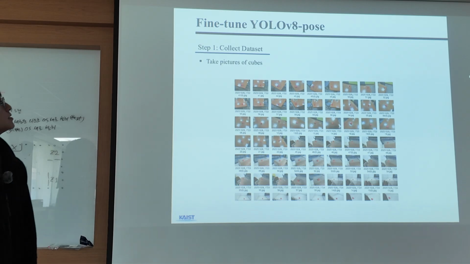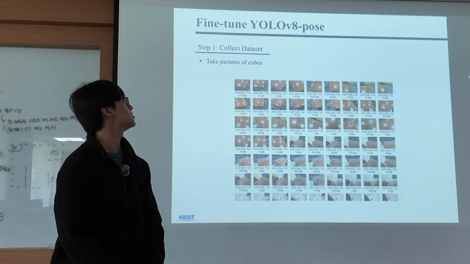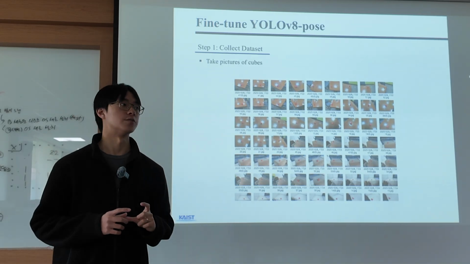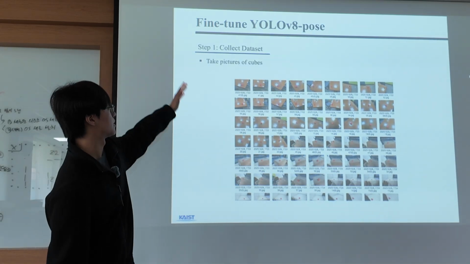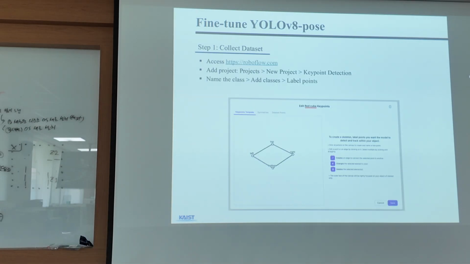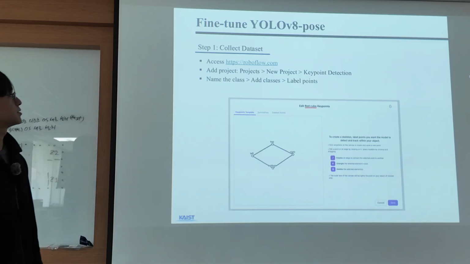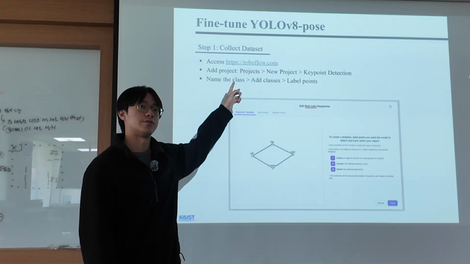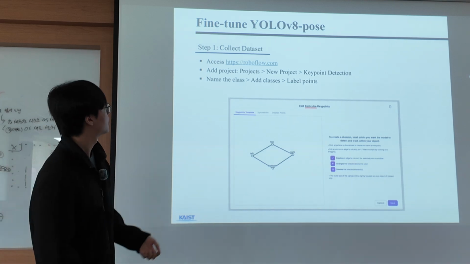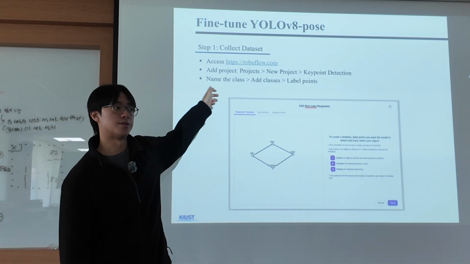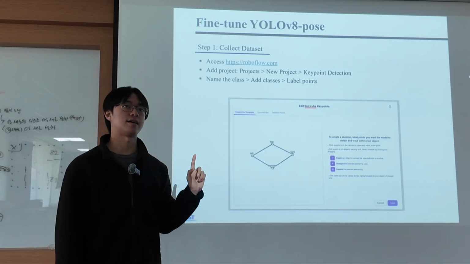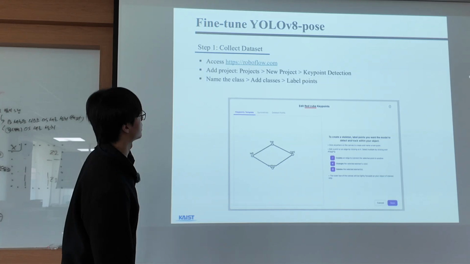The second one is YOLO V8 pose fine-tuning. To do that, you should take pictures of cubes manually and collect a dataset. We are going to use the roboflow.com website to collect, assign, and label the dataset. You should assign labels to the images you collected.